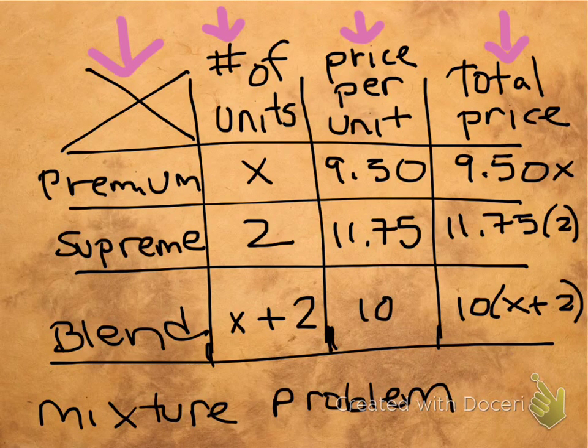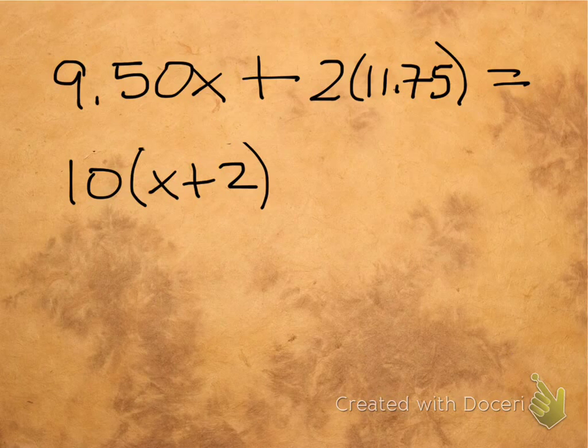I'm going to take my last column, and since I'm combining the premium plus the supreme to equal the blend, I'm going to write it like this: $9.50x plus 2 times $11.75 equals 10 times x plus 2. So I'm going to solve.